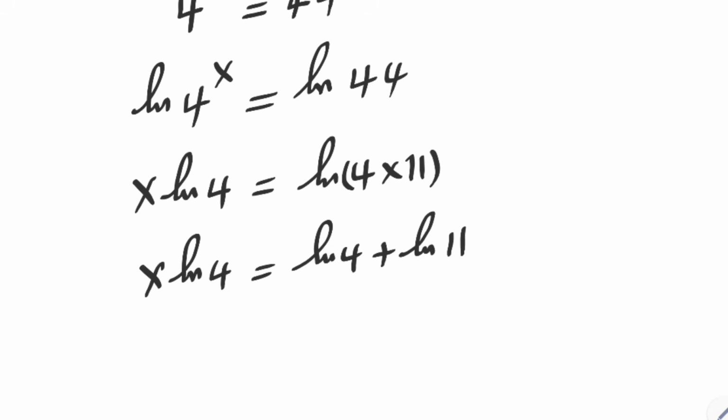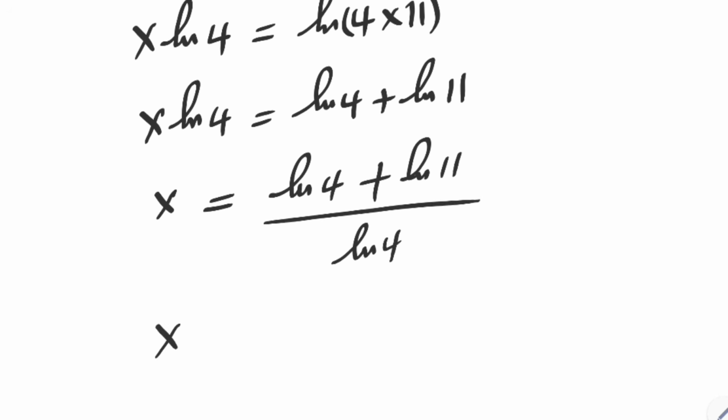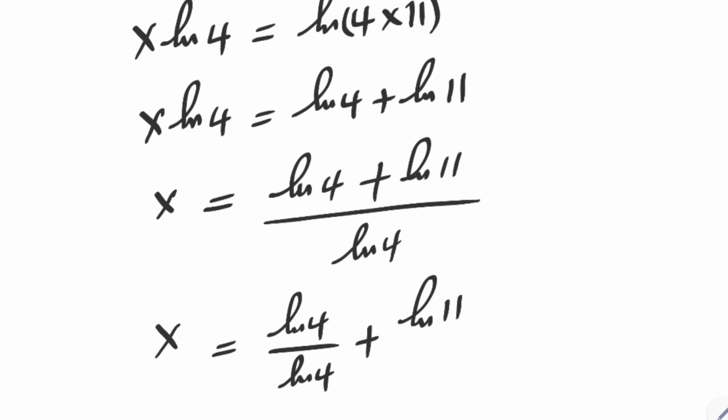Then let us divide the whole of this equation by ln of 4. x will be equal to ln of 4 plus ln of 11 over ln of 4. x will be equal to ln of 4 over ln of 4 plus ln of 11 over ln of 4.